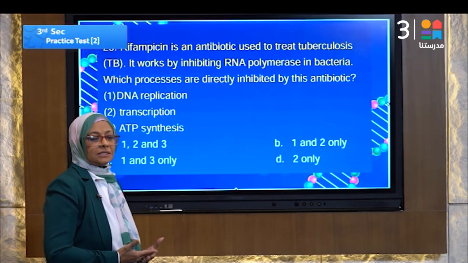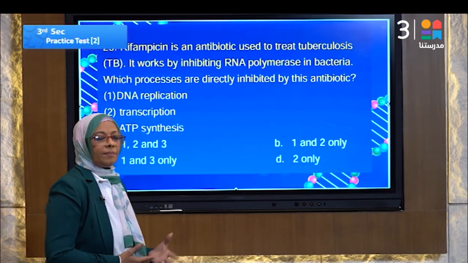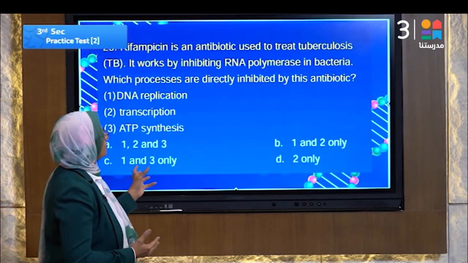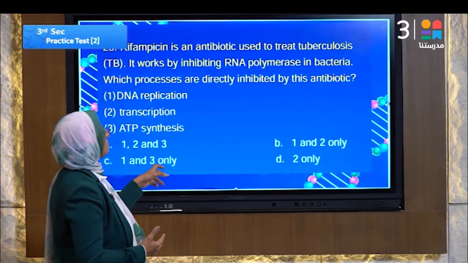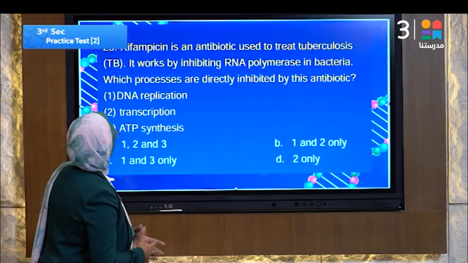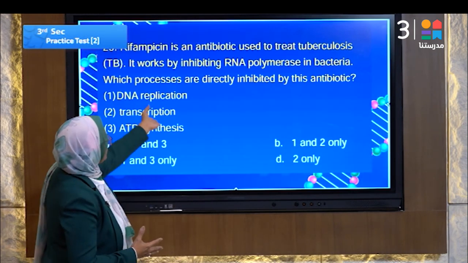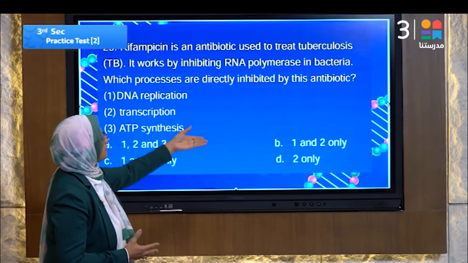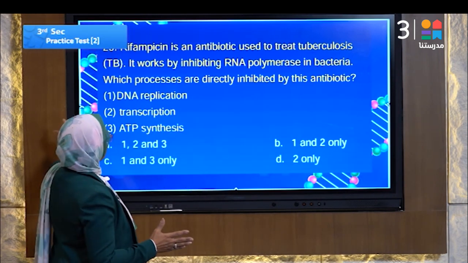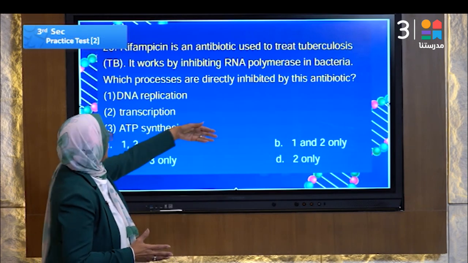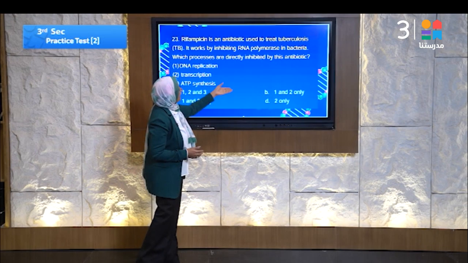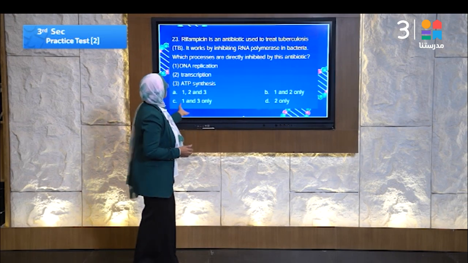Tuberculosis is a disease that infects some parts of the body and causes them to degenerate. It works by inhibiting RNA polymerase in bacteria. Which processes are directly inhibited by the antibiotic?